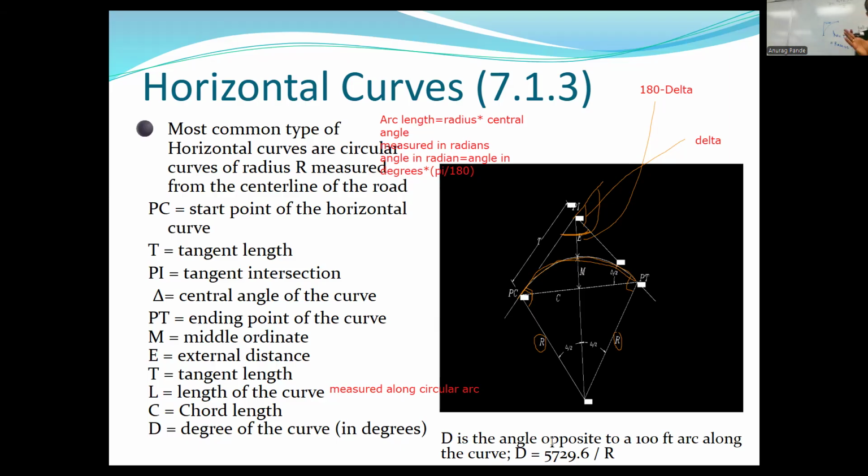Now, if you're wondering where such a specific number came from, this is your degree of curvature, this is your D. The way we get that is because we know the length of the full circular arc is 2 times pi times R. What would be the angle subtended by an arc length 2 pi R at the center?